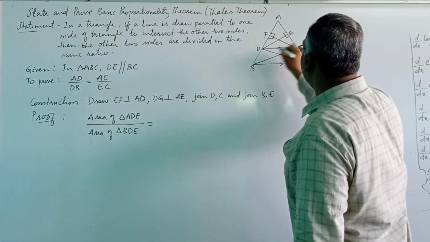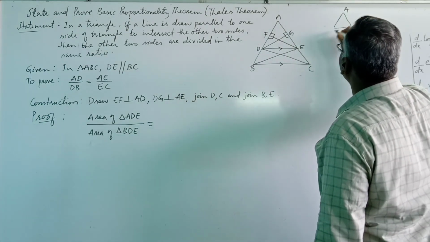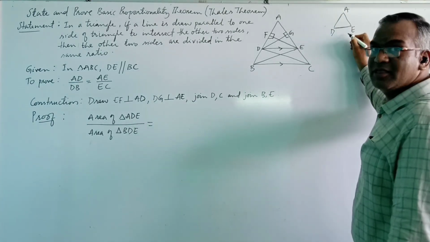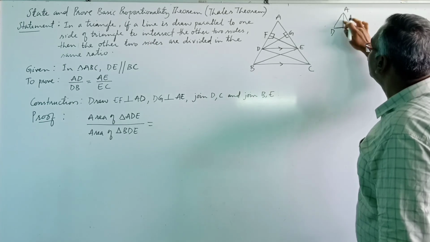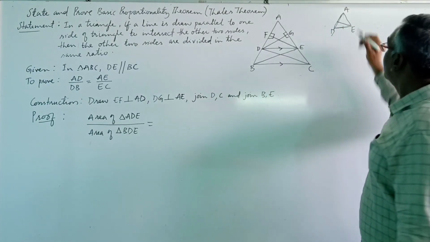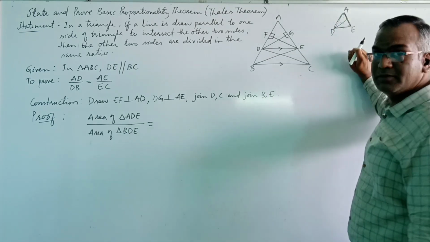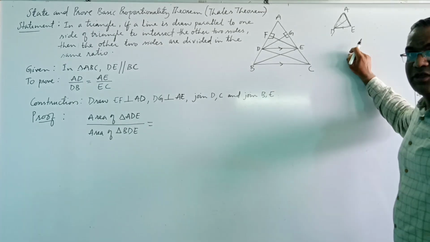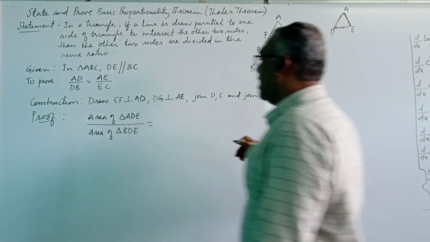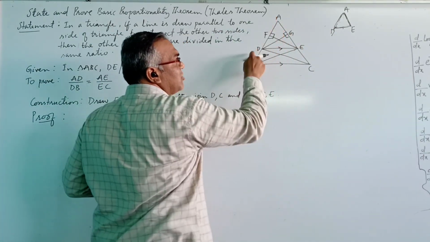In this triangle ADE, if we consider DE as base, then this will be the height. If we consider this as base, then this will be the height, right? That you know already, basic thing in geometry. So here we will take the area of triangle ADE with AD as base.